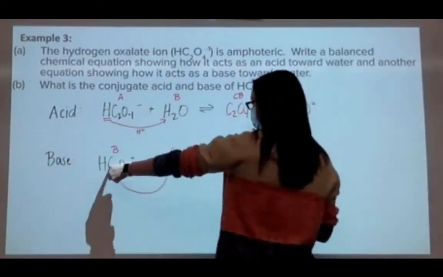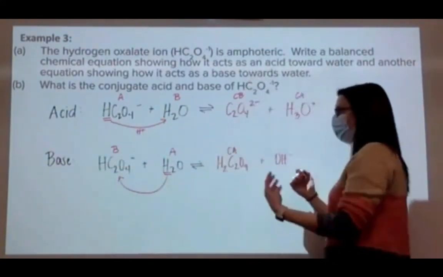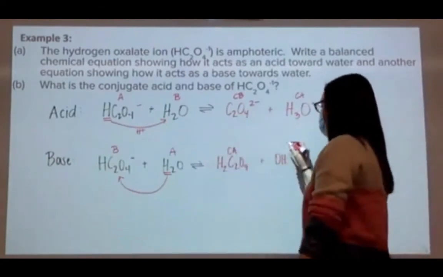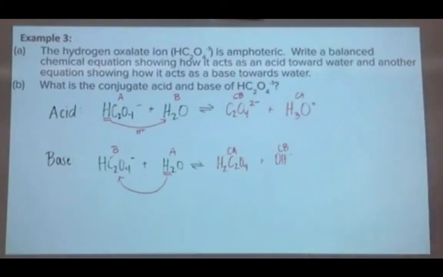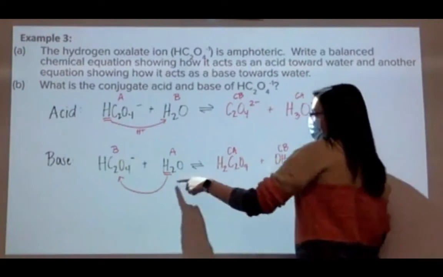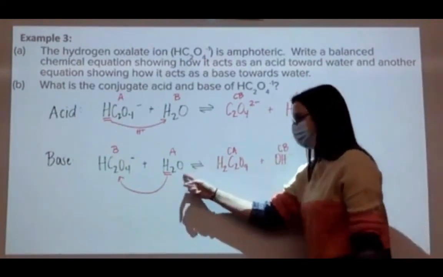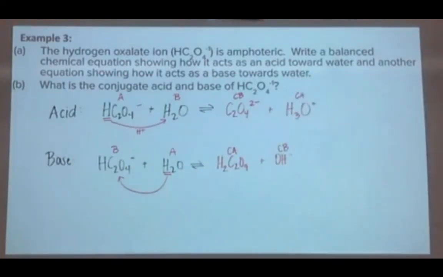So after hydrogen oxalate accepts a proton, it becomes oxalic acid, which is the conjugate acid. After water donates the proton, it becomes hydroxide, which is the conjugate base. This is why, even though it technically has hydroxide in it, it produces hydroxide, and hydroxide is a very strong base.